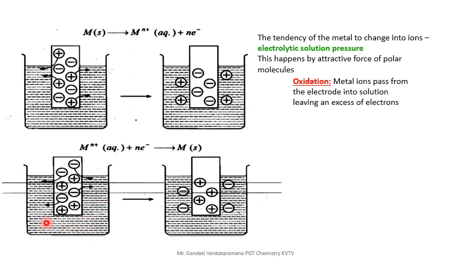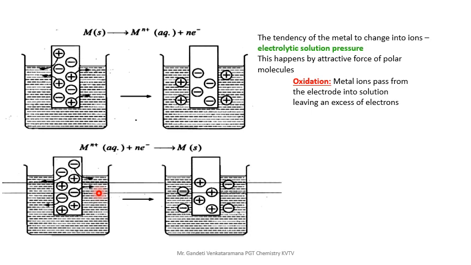Take for example copper sulfate. Copper sulfate consists of cupric ions and sulfate ions. So whatever metal ions are already present in this solution, those metal ions receive the electrons from the electrode and are deposited as a metal. Clear? So this is called reduction.